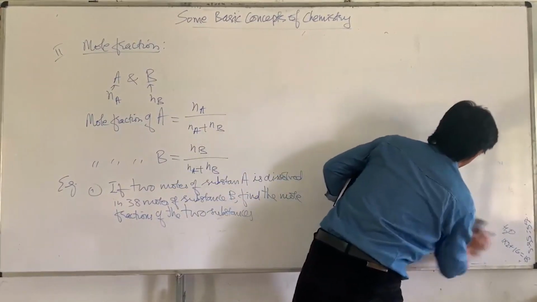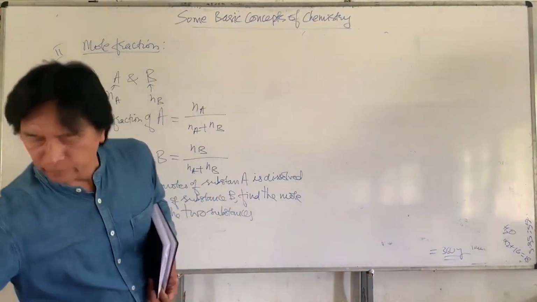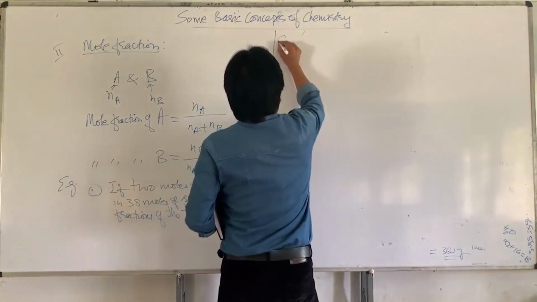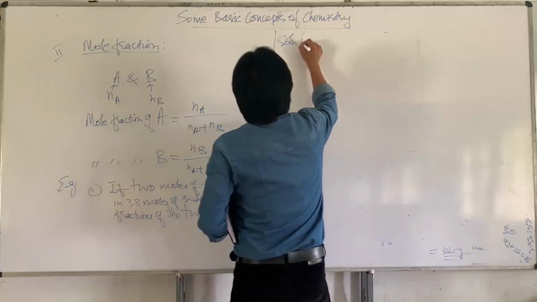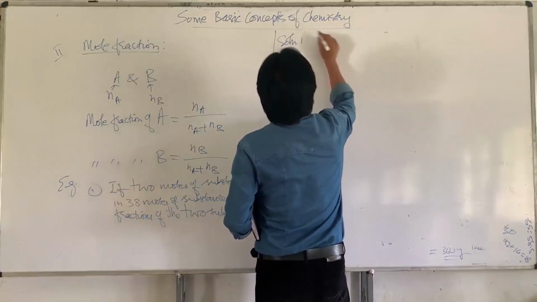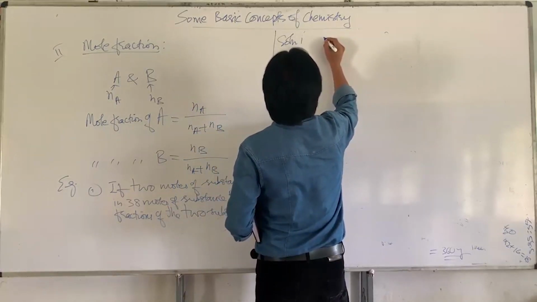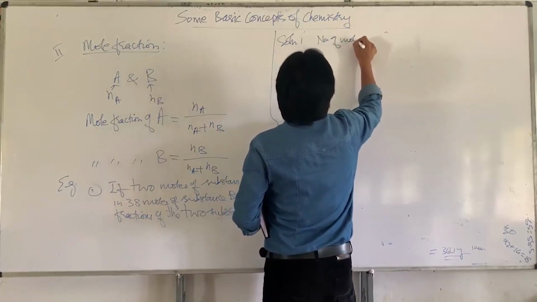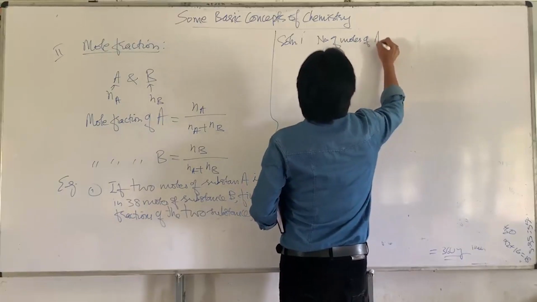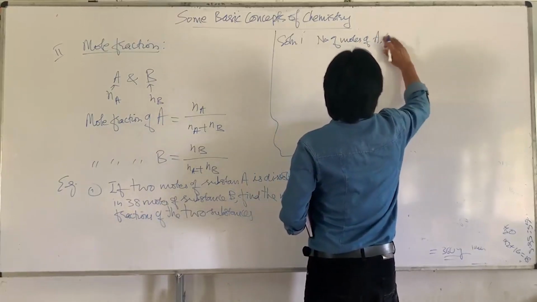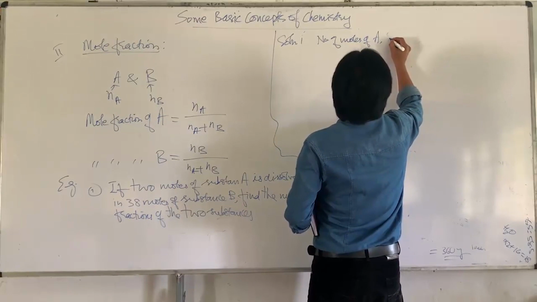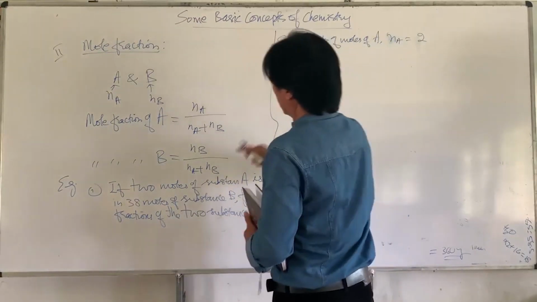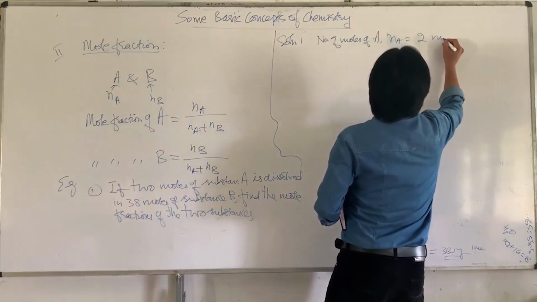So here, let's take the number of moles of A, you call this Na, and you're taking this as 2 moles.